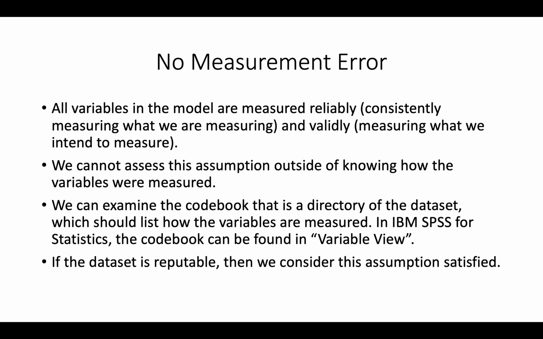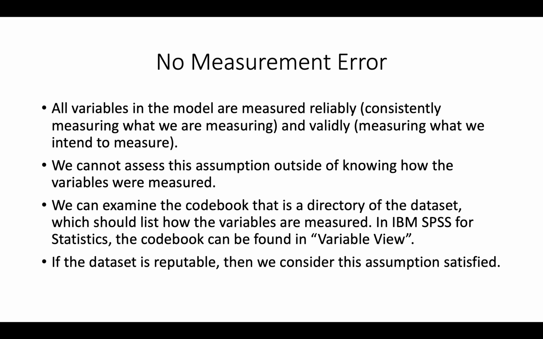The next assumption is of no measurement error, or that the dependent and independent variables in the model are measured reliably and validly. We have specific definitions of reliability and validity. We really cannot determine reliability and validity outside of the specific knowledge of the measurement process.